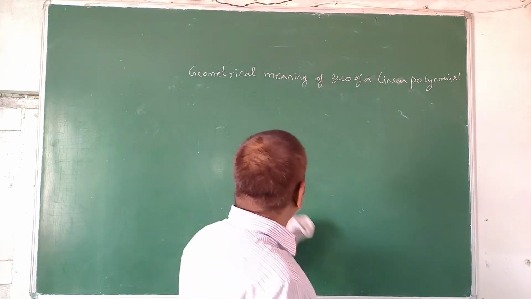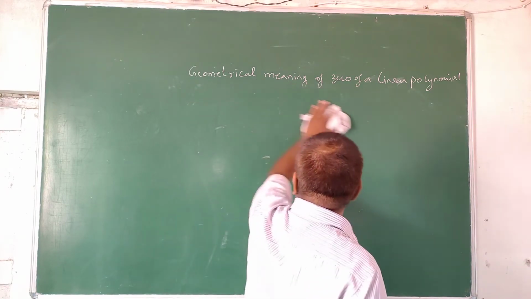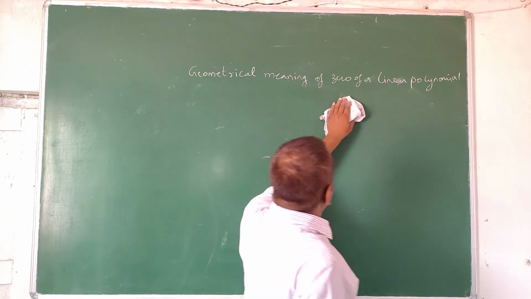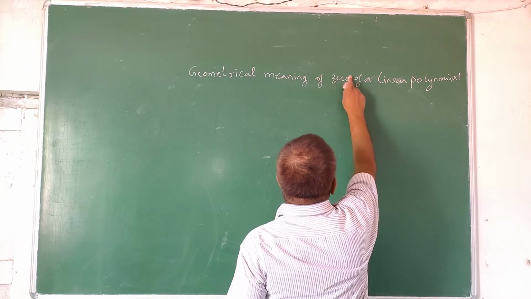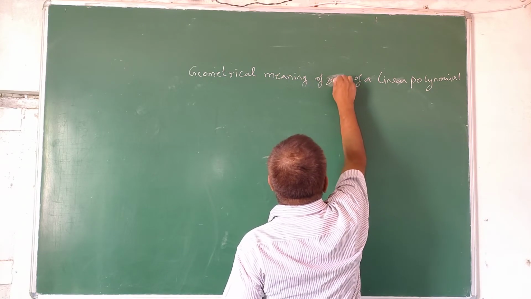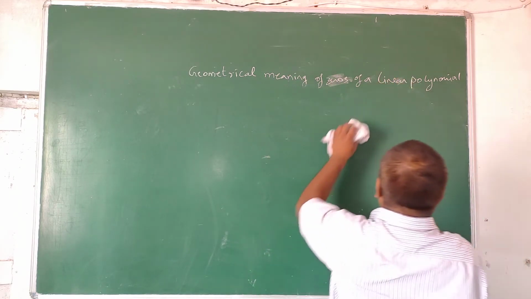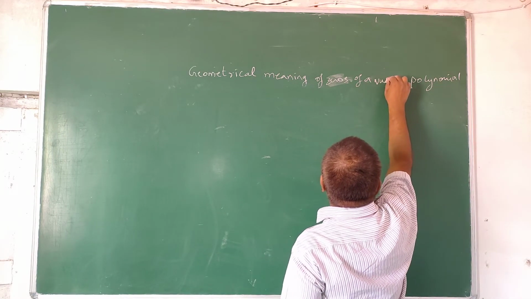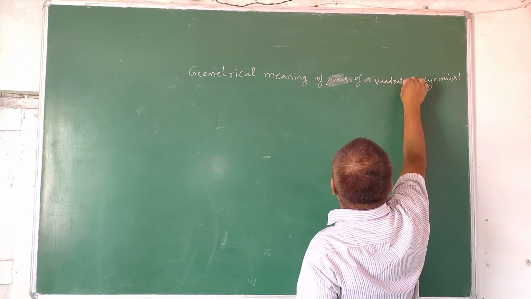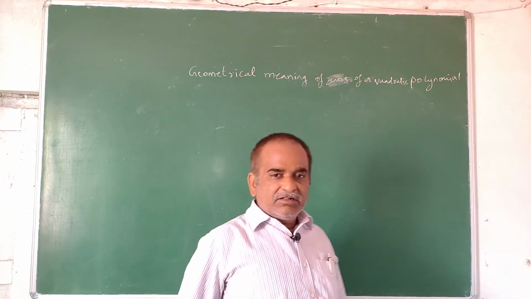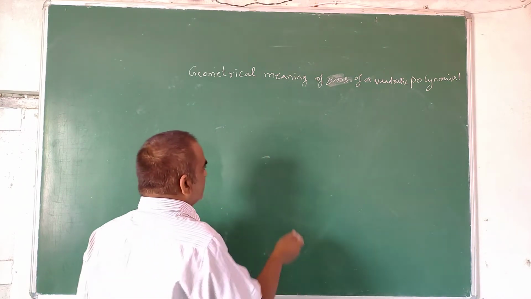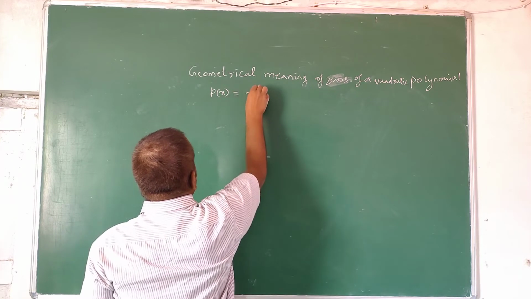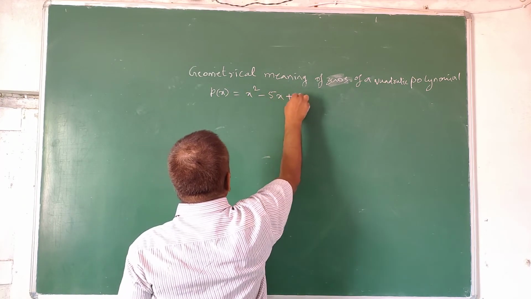the geometrical meaning of the zeros of a quadratic polynomial. So here you see, let us take the polynomial p of x is equal to x square minus 5x plus 6.